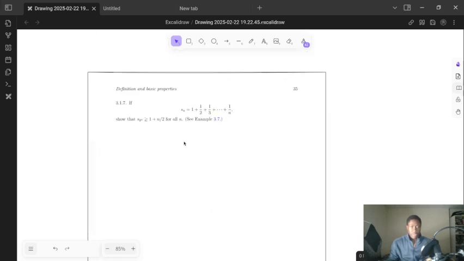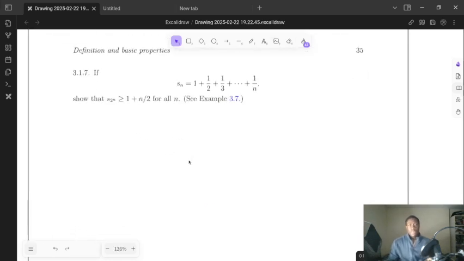So okay, we start with this one. We have Sn, our summation defined as follows, which is the harmonic series. And we want to show that S to the 2 to the n is greater than or equal to 1 plus n over 2.